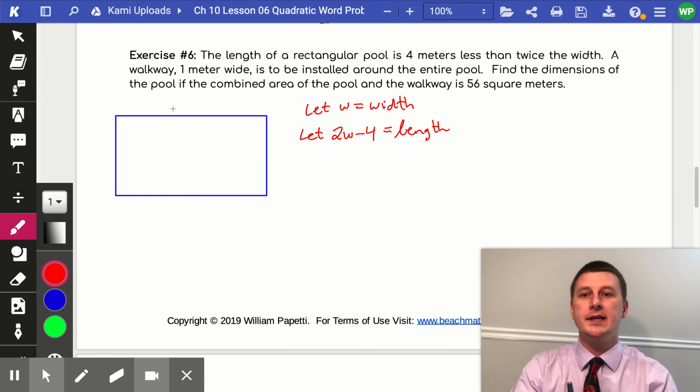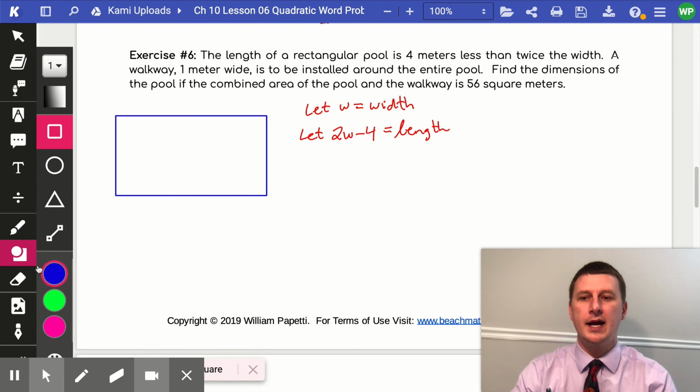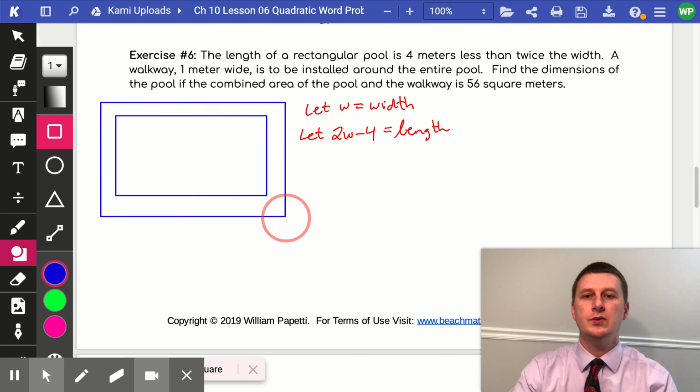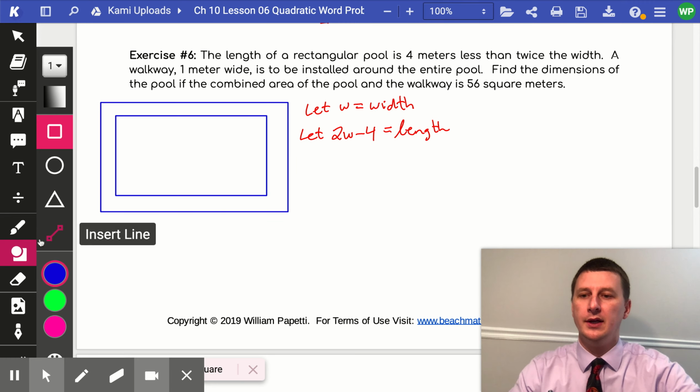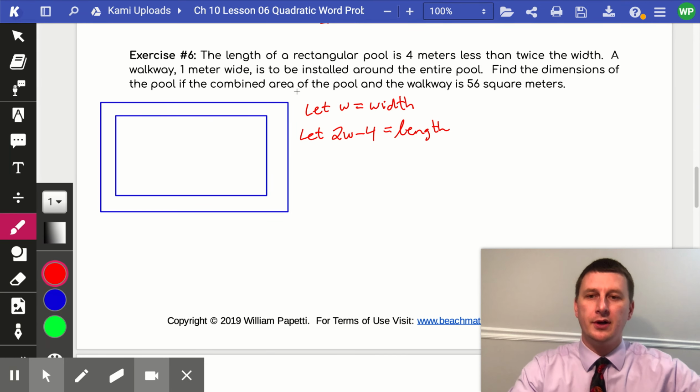Now, it says a walkway 1 meter wide is to be installed around the entire pool. So we're going to now install this walkway, and it's going to go around the entire pool just like that. All right, so let's put in all the information we know into this diagram. We know that our length is going to be 2W minus 4.